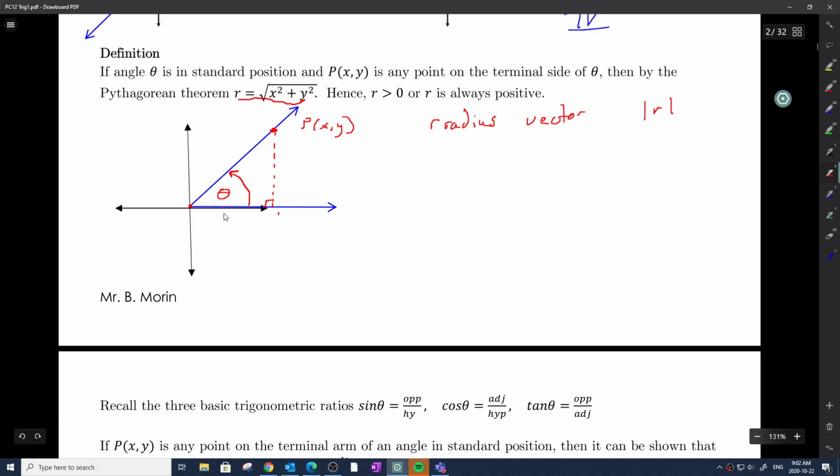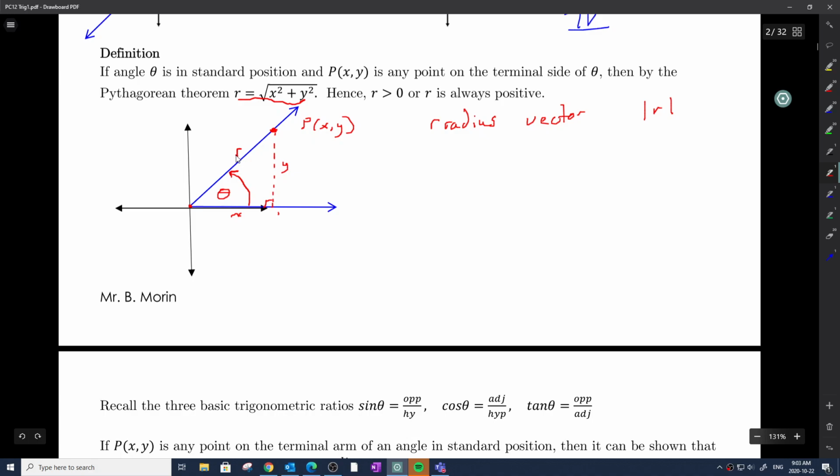What we know is, I made a triangle, how long is my triangle here? Well, that would be x long, right? How high is this triangle? y. And this is 0, 0. If I go to point (x, y), I can go over x units, up y units. Then how big is this radius vector?